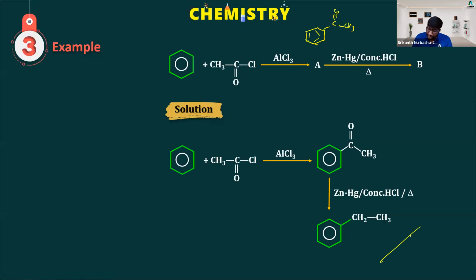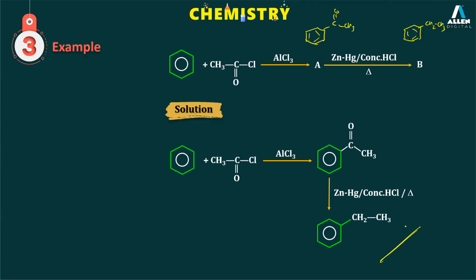Okay, these are different types of reactions. What are the reactions so far studied? Can you list them out? I'll be listing them out, so just check if I have missed any reaction.